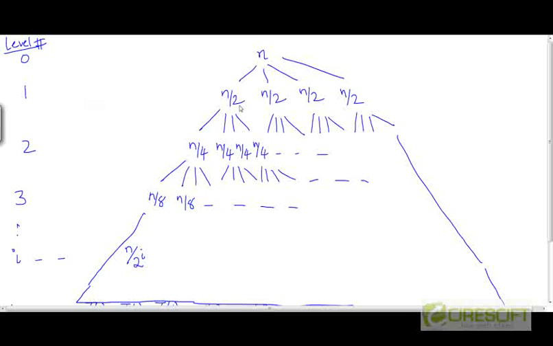So at level 1 we had a cost of n by 2, at level 2 we had a cost of n by 2 square, at level 3 we had a cost of n by 2 cube. So at level i we'll have a cost of n by 2 to the power i.